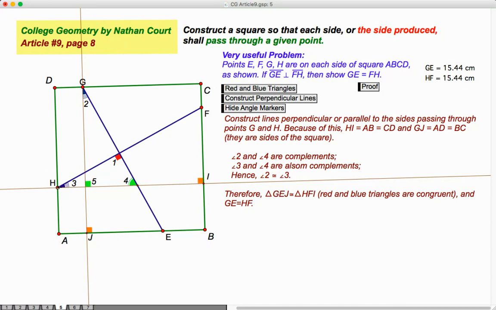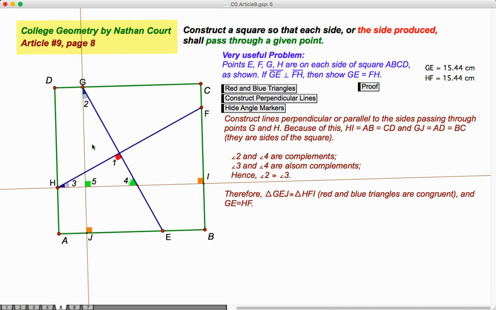Through H, construct a line perpendicular to this side or parallel to the sides. No matter what, this segment is congruent to the two other segments, and HI is congruent to AB and to CD. Hence, HI must be congruent to GJ. That's the first thing that we are going to consider.